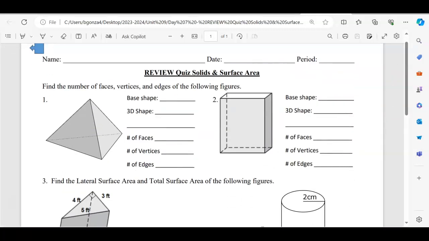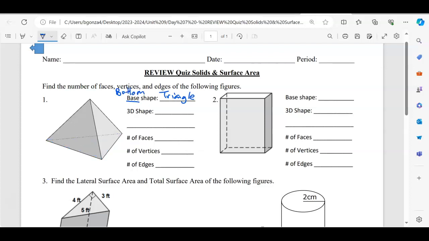So it says find the number of faces, vertices, and edges of the following figure. So the base shape on the bottom is clearly a triangle. So remember, the base is the bottom.